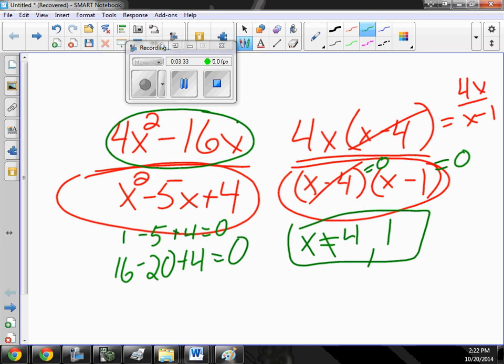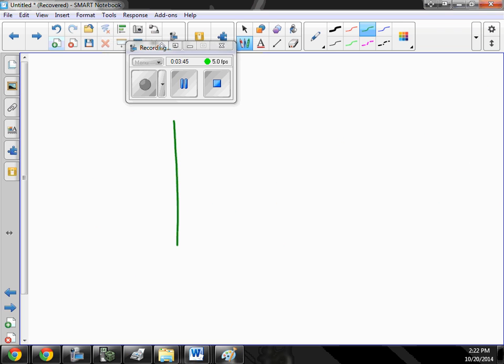Now the interesting thing is, if we were to graph it, different things happen at those 2 numbers. Here's 1, and here's 4.